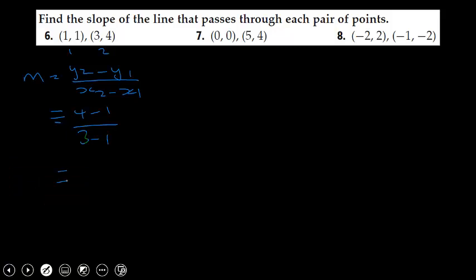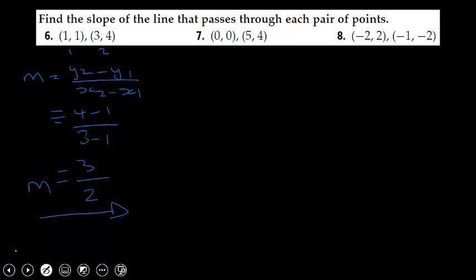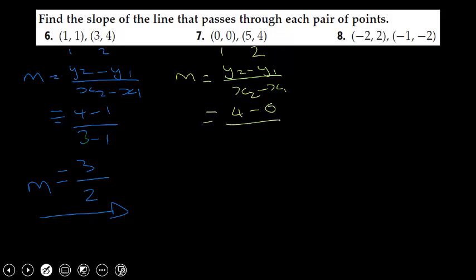So that is equal to 3 over 2. That's my m value. I cannot simplify. Question 7. That's point 1 and that's point 2. So m is equal to y2 minus y1 over x2 minus x1, which is 4 minus 0 over 5 minus 0, which equals 4 over 5.